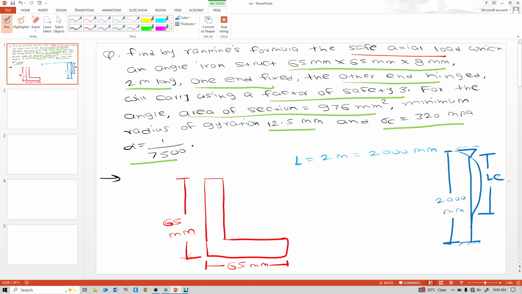So as per that, the effective length for one end fixed and other end hinged is nothing but the actual length divided by root 2. So the actual length is 2000 divided by root 2, that means it is 1414.21 mm. Factor of safety is 3.